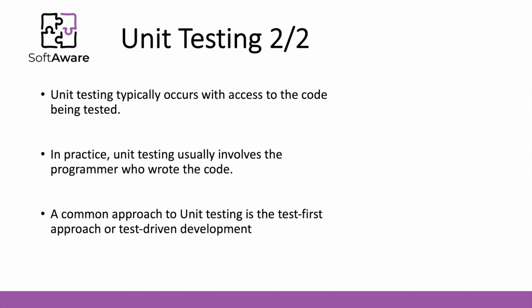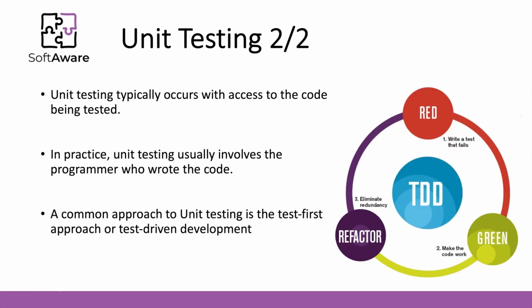A rather common and well-known approach to unit testing is the test-first approach or test-driven development, TDD. TDD is where functional tests are written first and code is then created and tested. It is worked until it passes the tests. We have the preparation of test cases occurring right before the code is written.